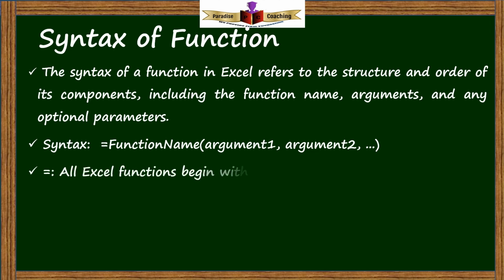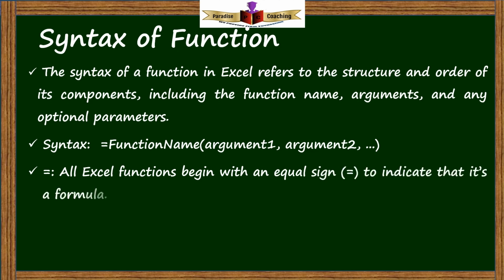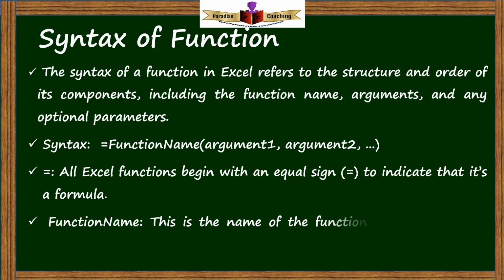All Excel functions begin with an equal symbol to indicate that it's a formula. Function name is the name of the function you want to use. Examples include sum, average, if, etc.